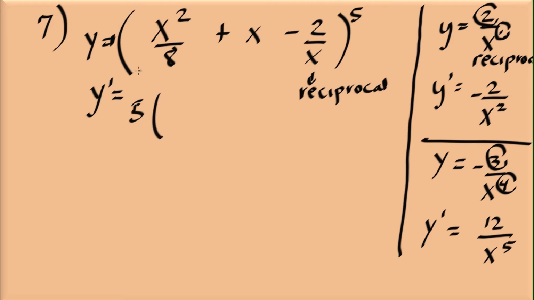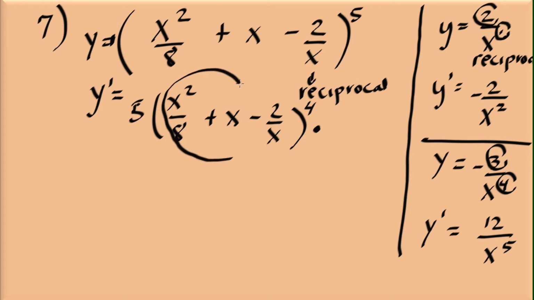Okay, and then copy that same base of the exponent 5, which is x squared over 8 plus x minus 2 over x, and now raise to the fourth power, okay? Here we go. So we need to multiply this by the derivative of this base, okay? And the derivative of that will be what?